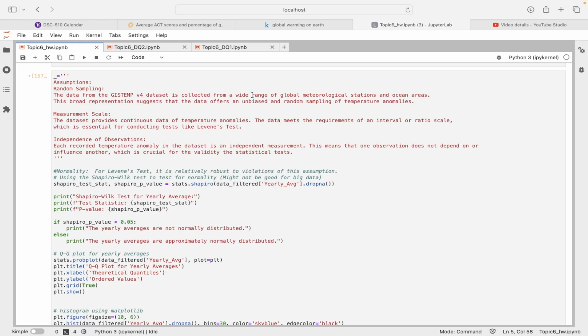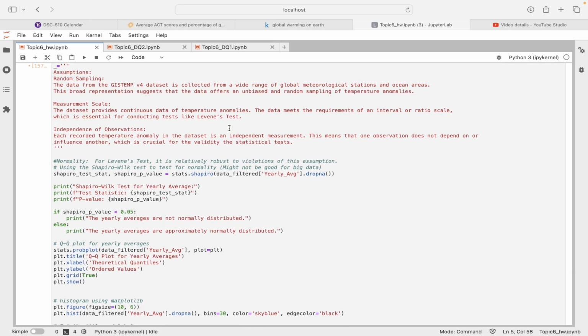We had random sampling by a credible source, which was NASA, and we had selected random years from the data set that spanned from 1850 to 2023. Our measurement scale is continuous for temperature, and each recorded temperature anomaly in the data set is an independent measure. So our assumption of independence of observations is met.